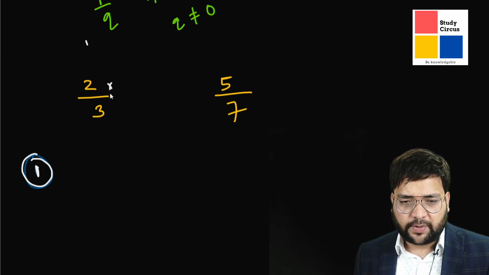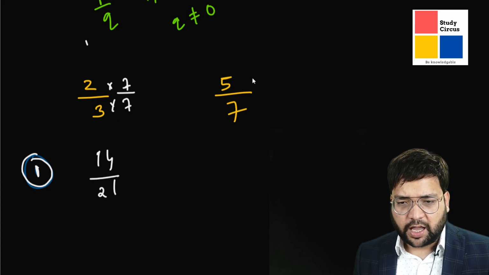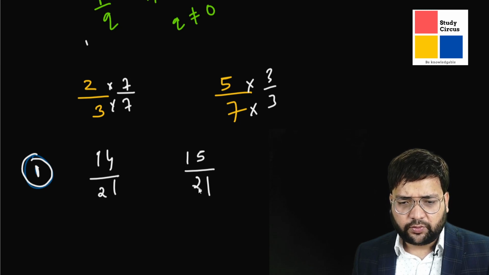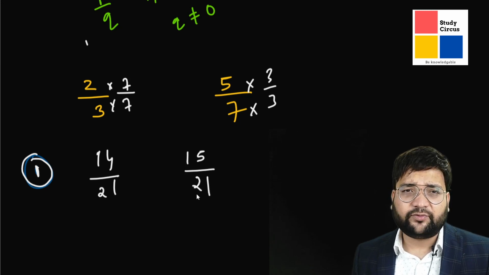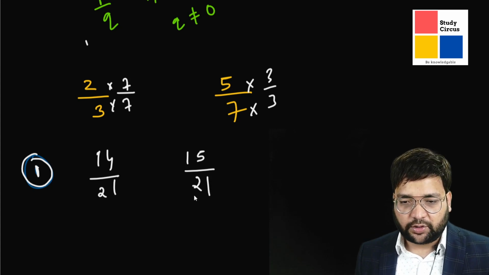So this one I multiply by 7, which is essentially multiplying by 1. So this becomes 14 by 21, and this one, if you multiply by 3 and 3, becomes 15 by 21. Now the denominators are the same. Now you just have to find three numbers between 14 and 15. That we can do, right?